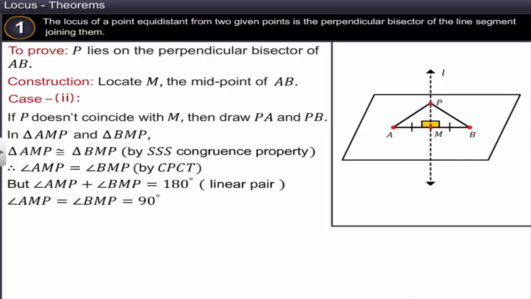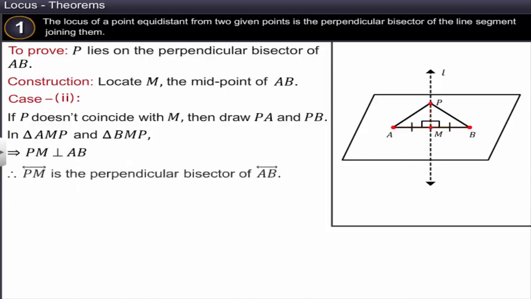This implies that PM is perpendicular to AB. Since M is the midpoint of AB, PM is the perpendicular bisector of AB. However, PM is the same as line L. Hence P is a point on L.